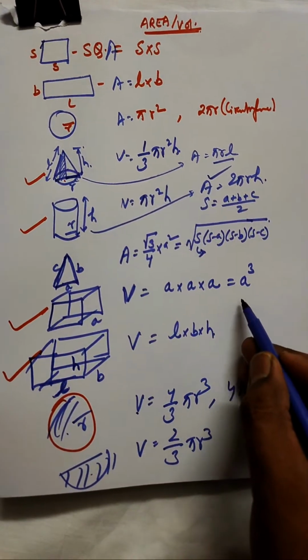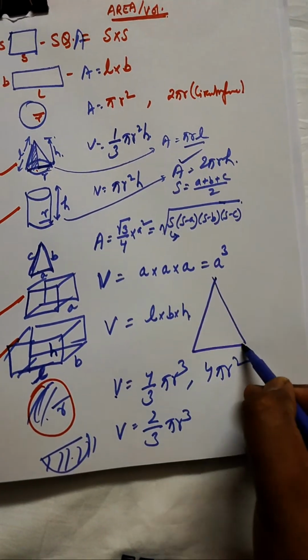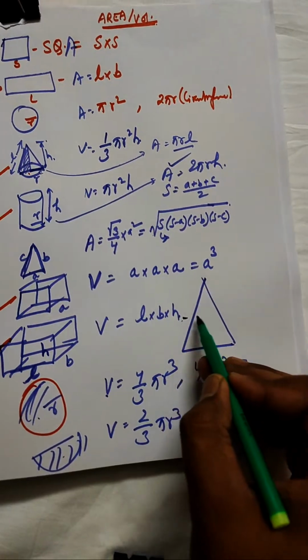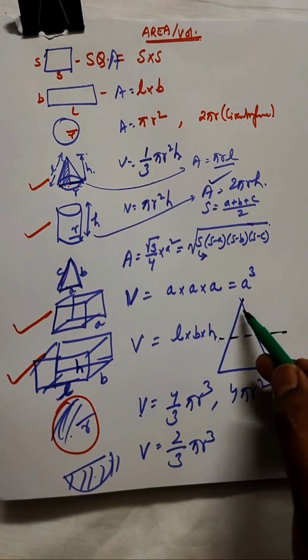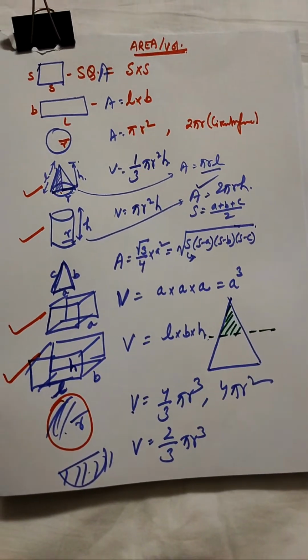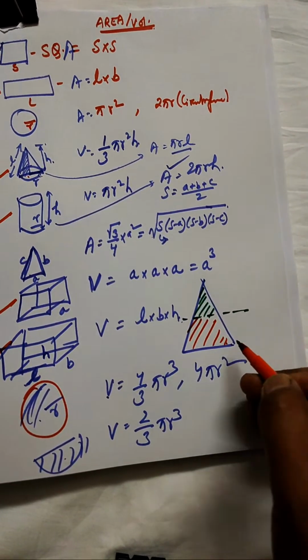You can see simply, if this is a cone and if we are dissecting it from here, then the volume of the bigger cone minus the volume of this smaller cone will give the volume of this frustum, this part, right?